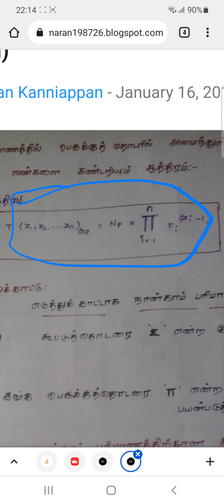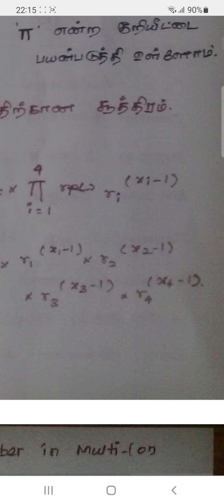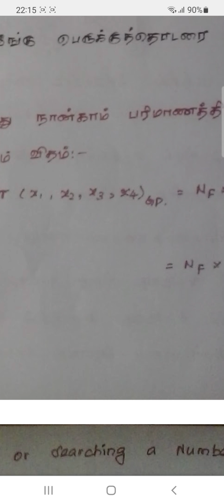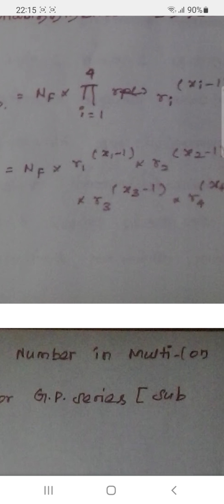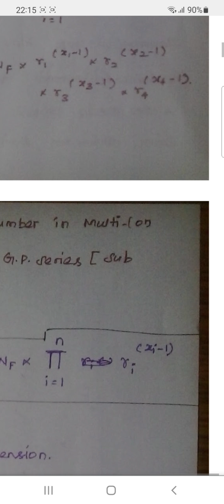It's an algorithmic approach as well. Taking an example of fourth dimensional geometric progression, the term I want to discover has coordinates x1, x2, x3, x4. I represent it as r1 power x1 minus 1, r2 power x2 minus 1, up to r4 power x4 minus 1.